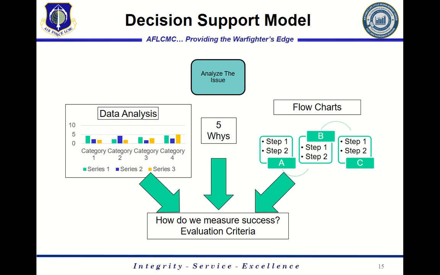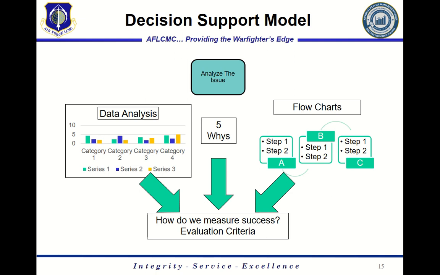From there, we want to analyze the issue, right? This is where we start collecting a little bit of data and doing some high-level data analysis. We ask kind of the 5 whys to dig even deeper to say, okay, we've identified the problem, but is there any further root cause, or any other ramifications that are driving this problem?